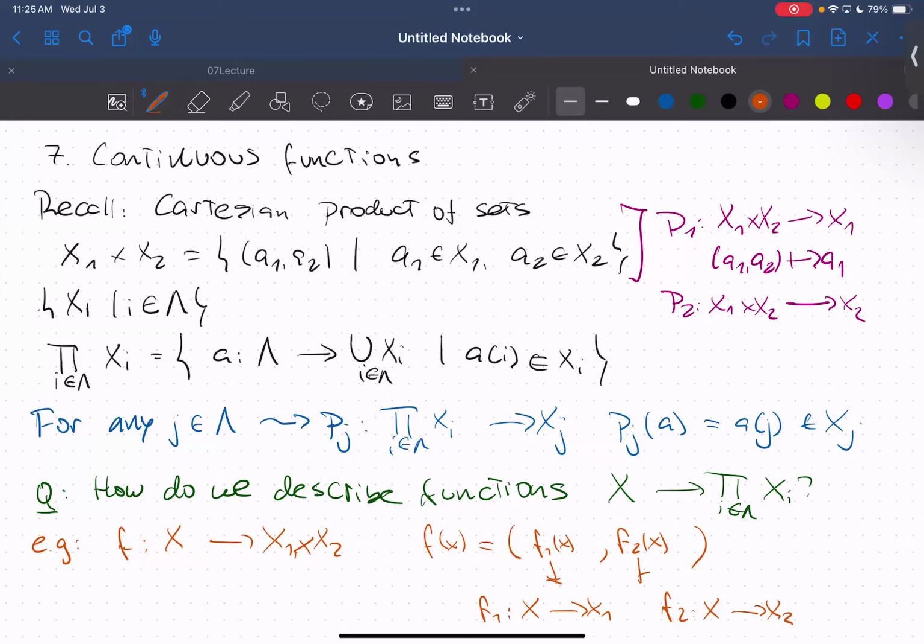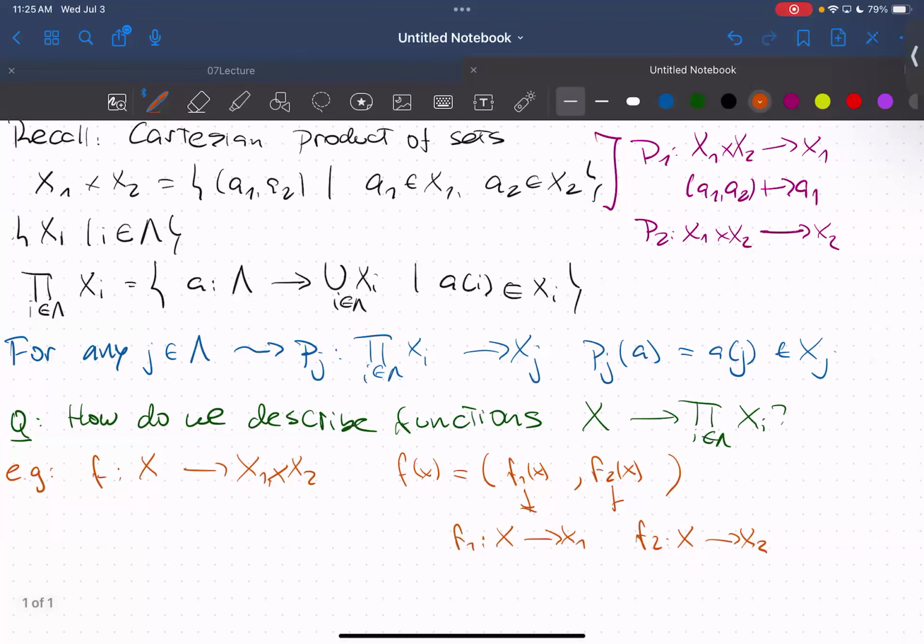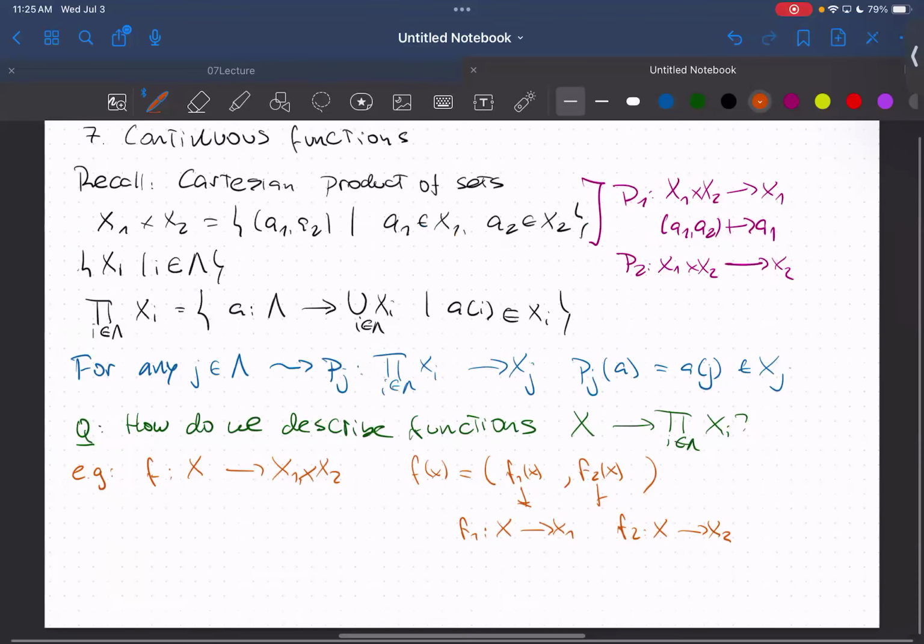How do we recover this f1 and f2 if we only know f? Well, f1 is just do f and then project with P1.